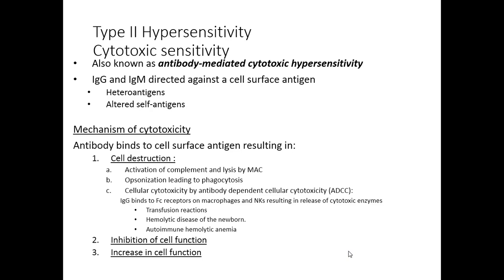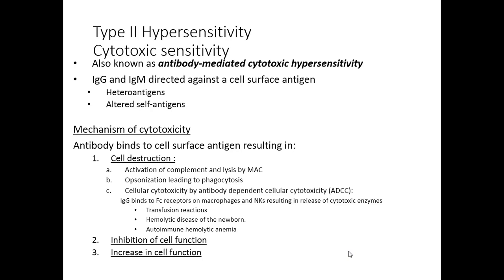What do we know about this? Type 2 hypersensitivity reactions are ones where IgM and IgG are bound to some sort of cell surface antigen. It doesn't have to be both; it could be or. IgG and/or IgM are directed against a cell surface antigen. What kind of antigens are they?